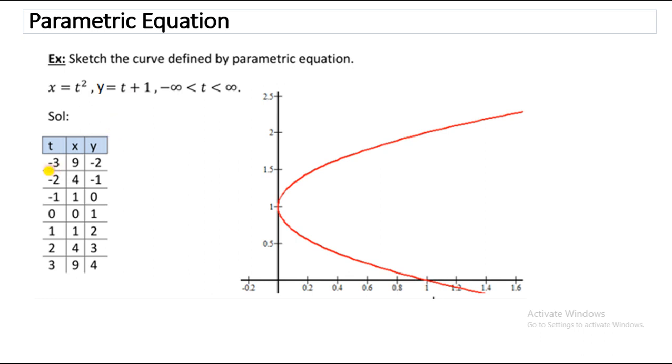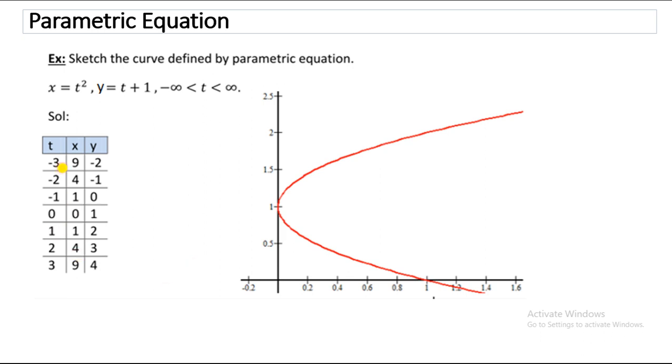If t equals minus 3, x equals 9 and y equals minus 2. If t equals minus 2, x equals 4, y equals minus 1, and so on. If t equals 1, x equals 1, y equals 2.